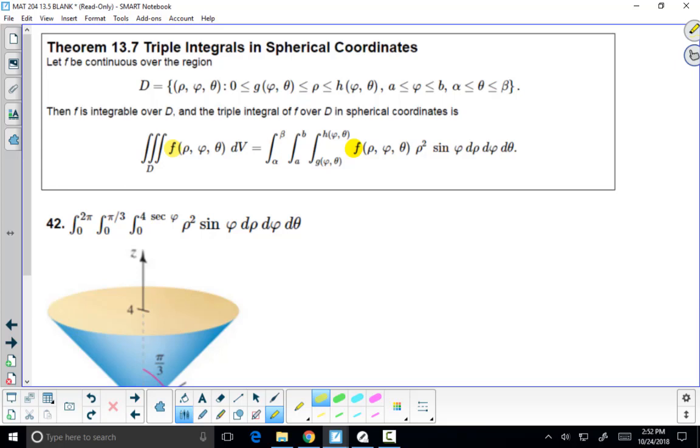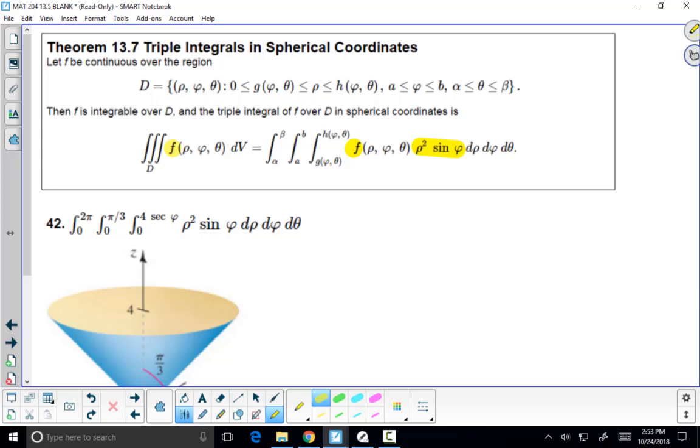So you've got to convert any x's, y's, and z's over to rho, phi, and theta. Then they have the function multiplied by the so-called Jacobian. We'll learn that that's called the Jacobian later. So we have our function, we have our Jacobian, and we have our differentials.